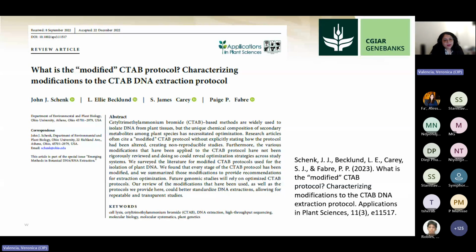But I would recommend this article that Ronald and I based off to talk about some modifications here. It questions why everybody puts modified CTAB protocol, but they don't specify how they modify the protocols, and that's why they are not reproducible.